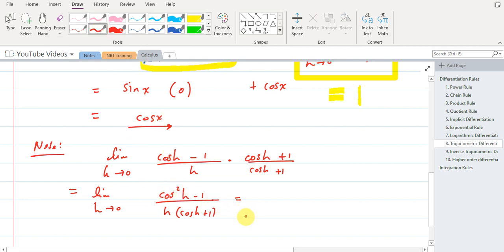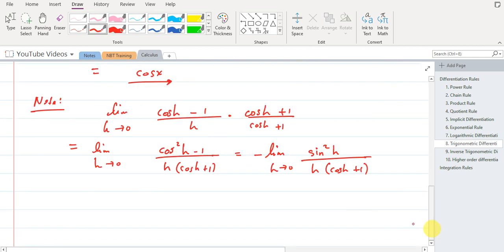Cos squared h minus 1 is actually negative sine squared, so negative limit as h approaches 0 of sine squared h, since 1 minus cos squared h is sine squared h, all over h into cos h plus 1.